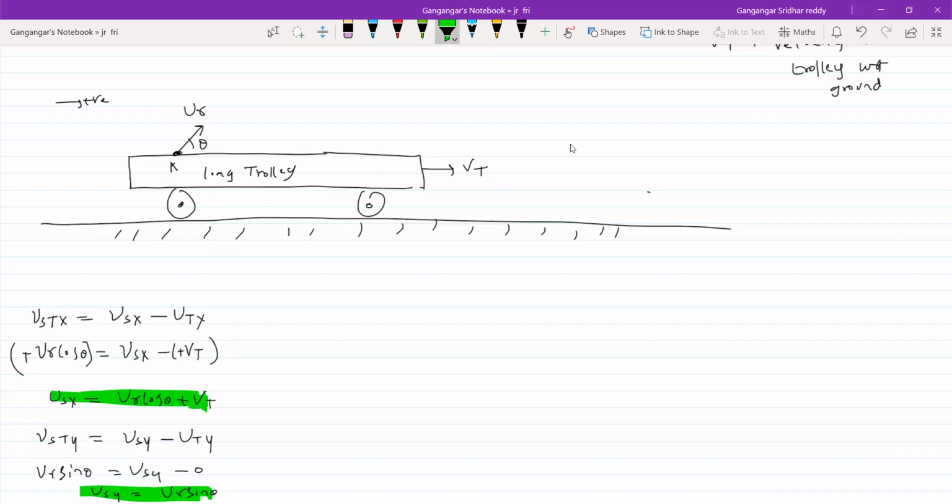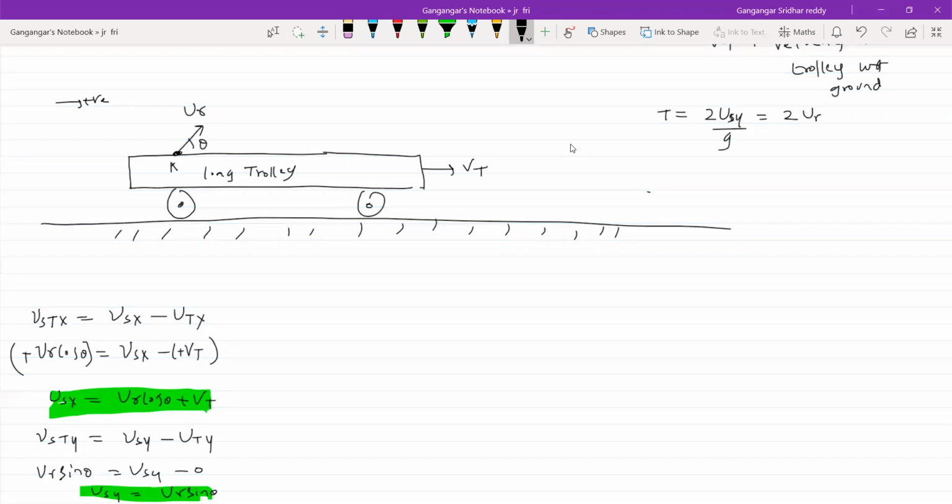Now, we'll determine the time of flight. The vertical component will determine the time of flight. I'll write down the calculation part. The time of flight is equal to, shall we write, 2 USY by g? Do I agree with this? So what is USY?